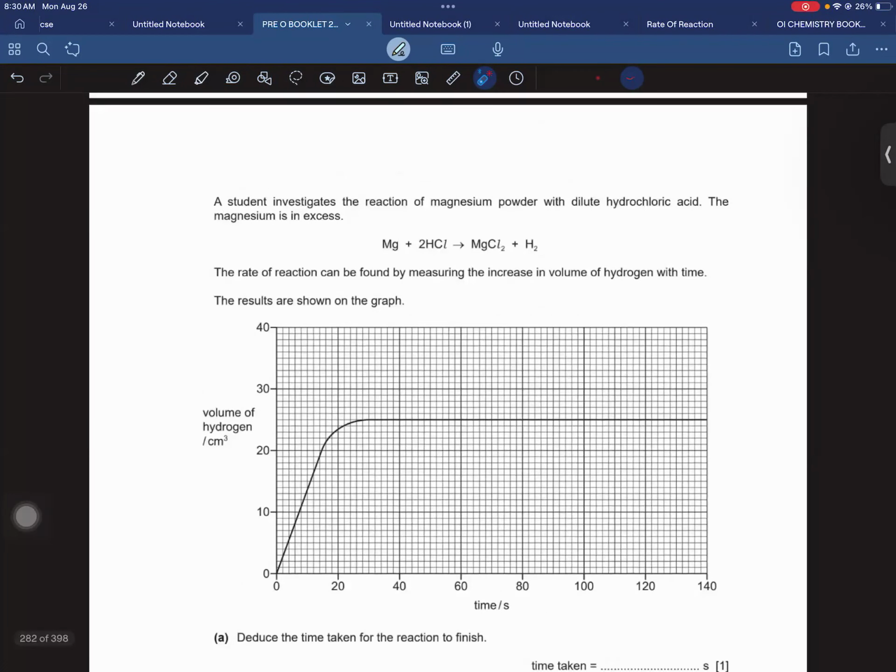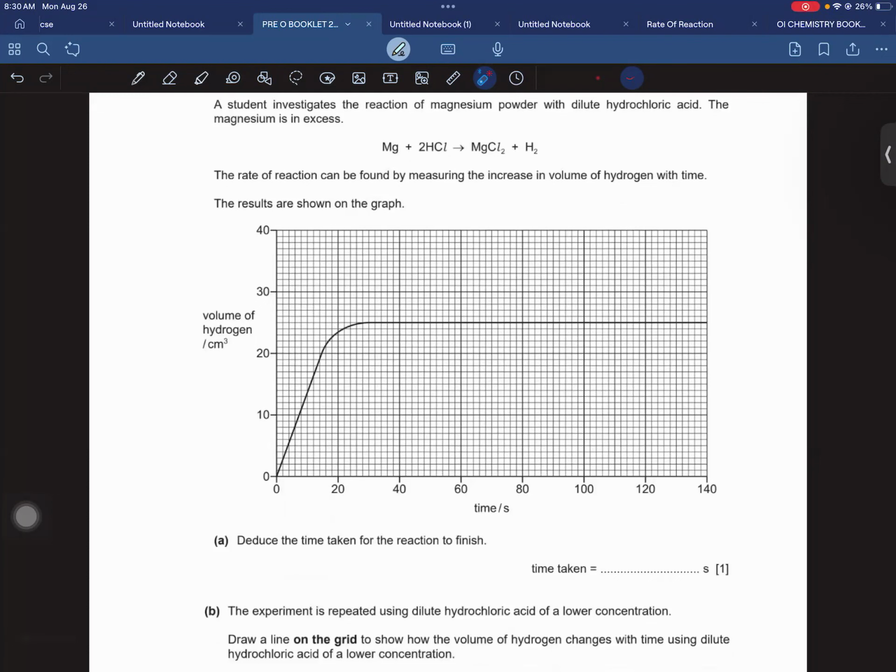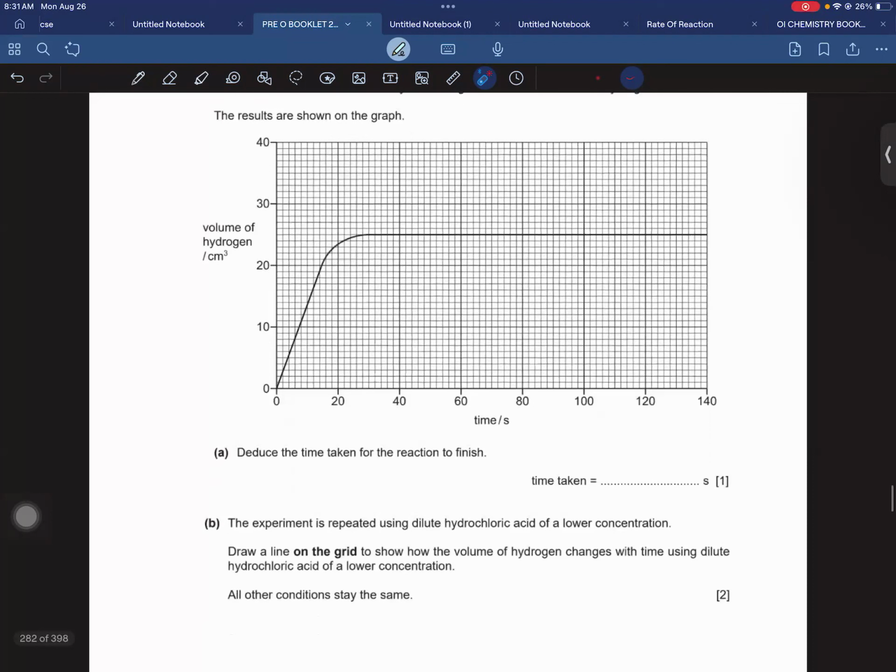A student investigates the reaction of magnesium powder with dilute hydrochloric acid. The magnesium is in excess. The rate of reaction can be found by measuring the increase in volume of hydrogen with time. The results are shown on the graph. Now the line becomes straight, so I can say that the reaction has stopped, according to the concept that I have told you.